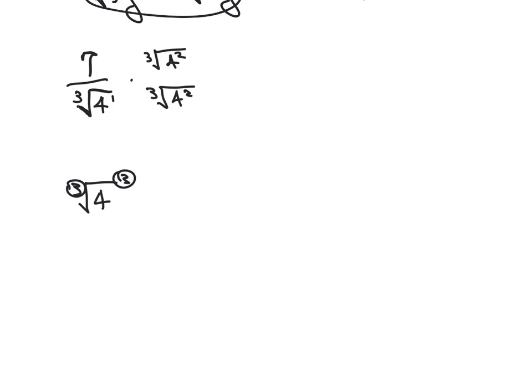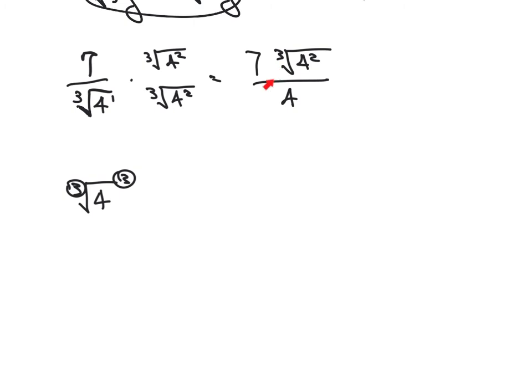So when I do that, I get 7 cubed root of 4 squared, and that's going to be over 4. So when I did that, you notice how all of the cubed roots and the squares, everything disappeared. And we're just left with a 4.